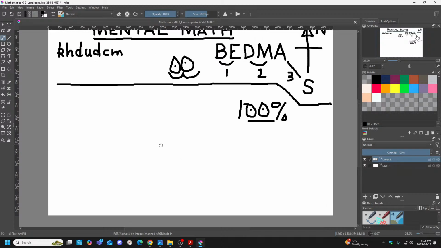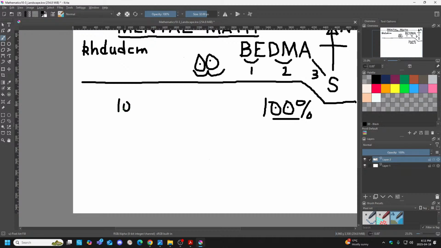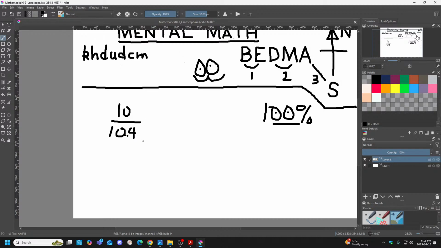Okay? Again, you could have just went 10 divided by 10.4, right? You still have to invert it, right? You need to get to that 1. You need to be above 1. So that's why you need to invert it.